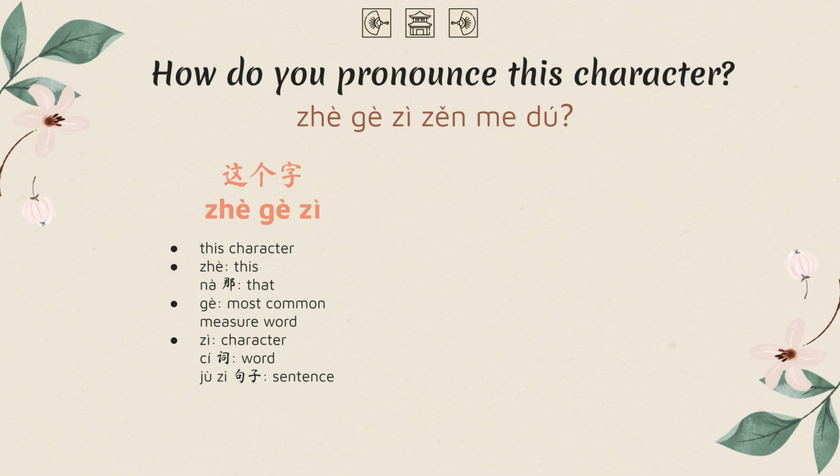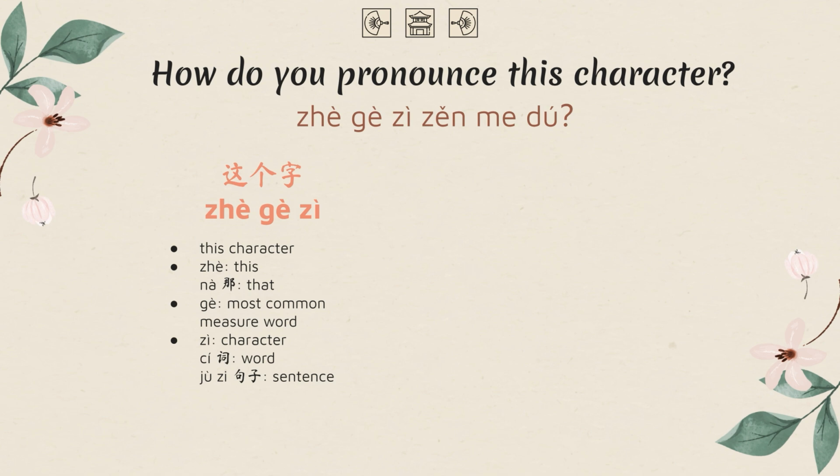Just like in English, you say a cup of water or a drop of water. Cup and drop are measure words. In Chinese, we have it for everything. So it's like saying a unit of something or this unit of something. 字 means character. So 字 is often referring to a single character.